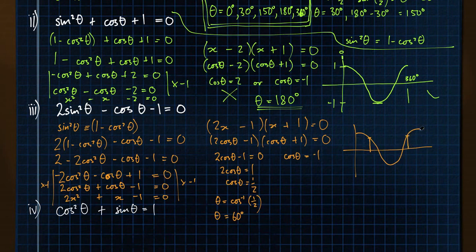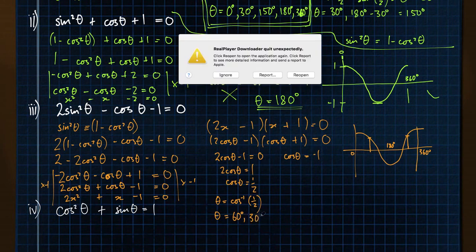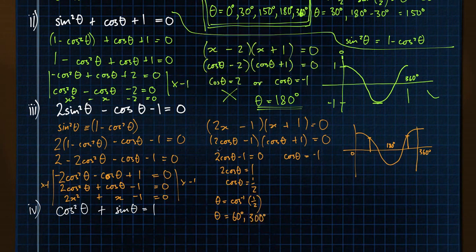So that's 360, 180 in the middle, and 0. If it's 60 degrees from the start, it's going to be 60 degrees back from there, because these are symmetrical. So from this solution I get 60 degrees and 300 degrees.